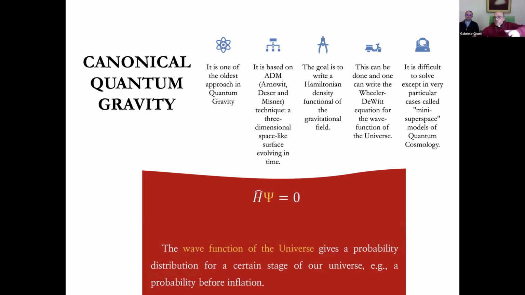This can be done, and one arrives at what is called the equivalent of the Schrödinger equation in quantum mechanics. It is called the Wheeler-DeWitt equation. The Wheeler-DeWitt equation is a functional equation, so to say, in which the unknown quantity to solve for is the wave function of the universe. Like in quantum mechanics, you can write the wave function of the universe that could give information about the universe when it was below the Planck length.